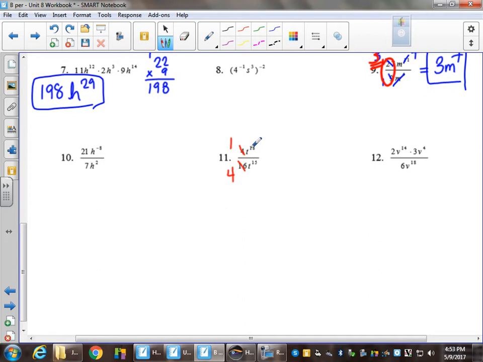So 15 t's will cancel with 15 of the 18, leaving 3 behind. So I have 1 t to the 3rd divided by 4, or you could just say t to the 3rd divided by 4.